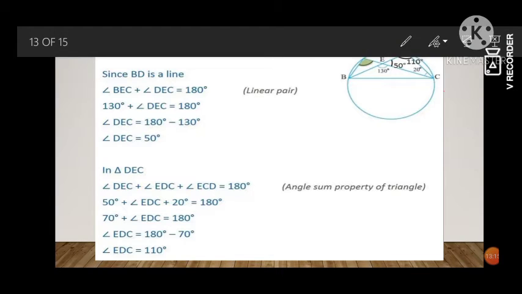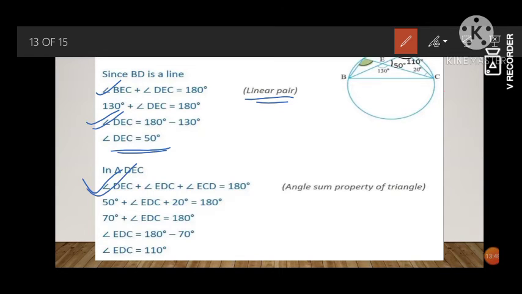BD is a straight line. So BEC plus DEC is equal to 180 degrees, which is a linear pair. On substituting the value and solving for DEC, we will get 180 minus 130, that is 50 degrees. So as you can see, the angle DEC is equal to 50 and DCE is equal to 20.